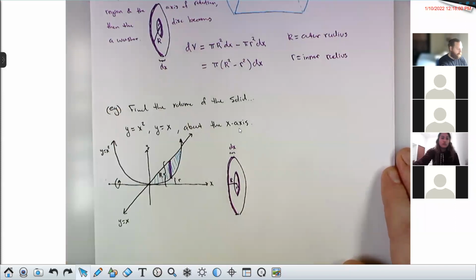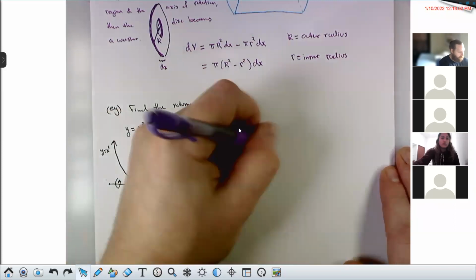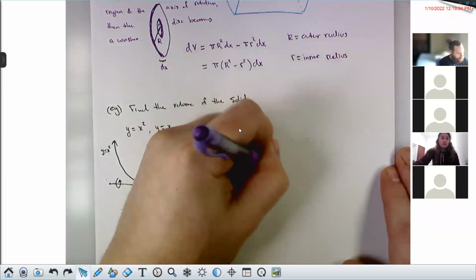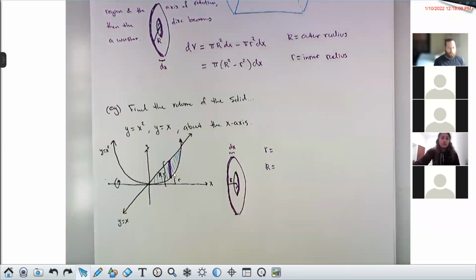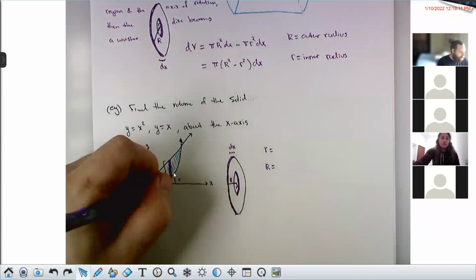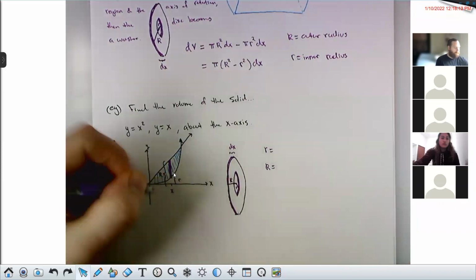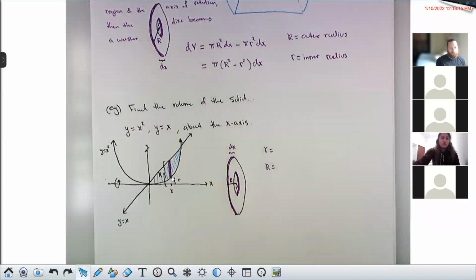So can we say what little r and big R come out to as functions of x? If this right here is x, along the x-axis, what is this vertical distance from the x-axis up to the curve y equals x squared?